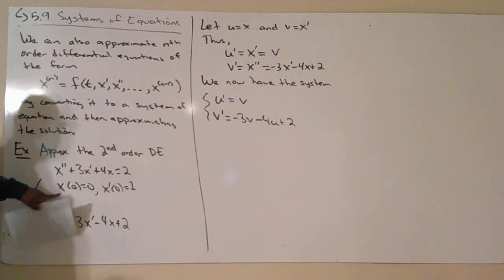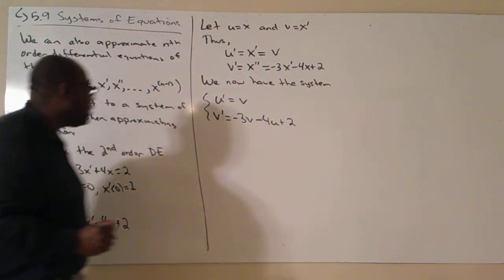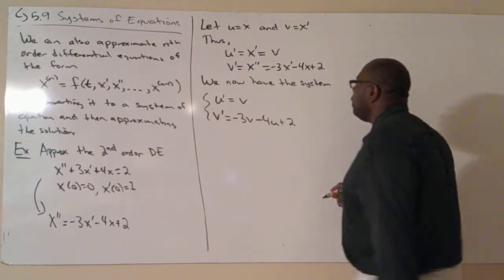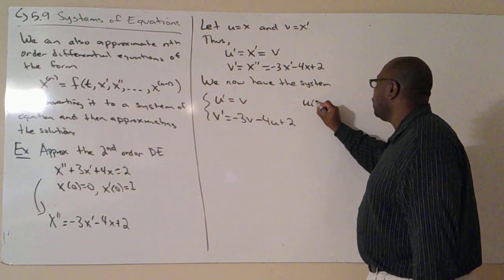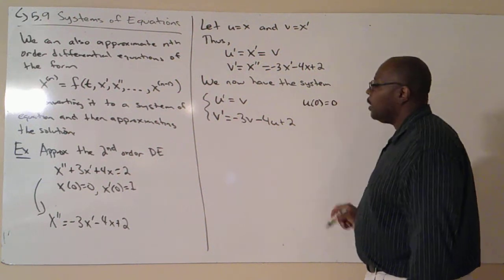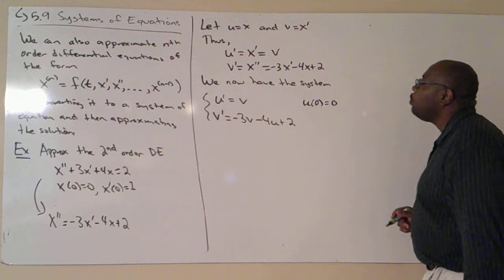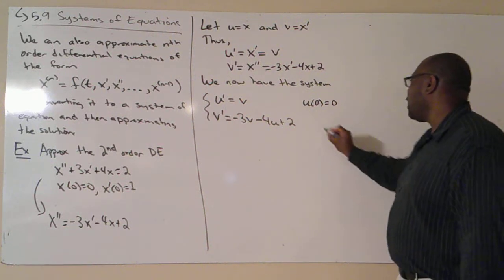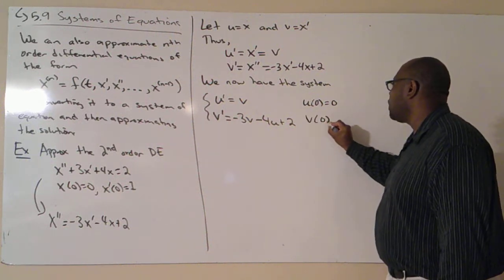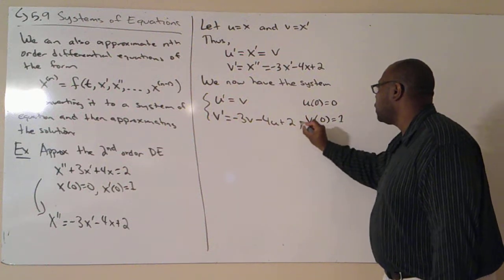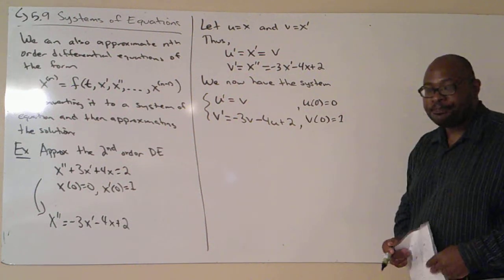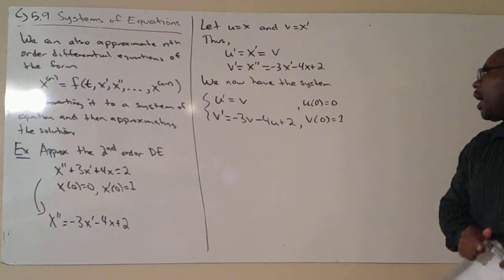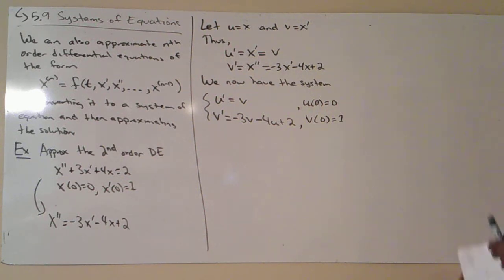Now what are my initial conditions? Well, we know that x of 0 is equal to 0. x is really u, so u of 0 is equal to 0. And then x prime of 0 is equal to 1, but x prime is really v, so v of 0 is equal to 1. Okay, and here's my system: u prime is equal to v, v prime is equal to negative 3 times v minus 4 times u plus 2.